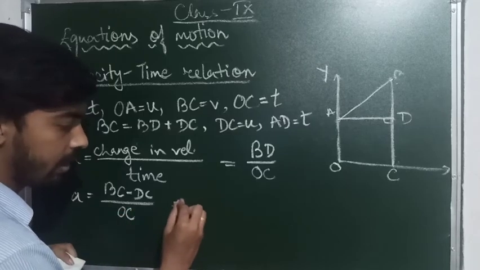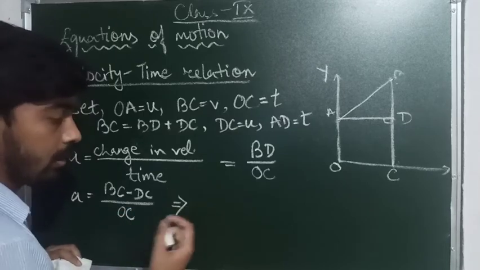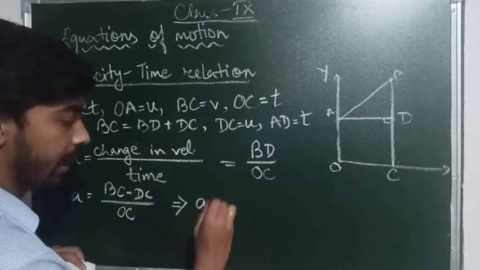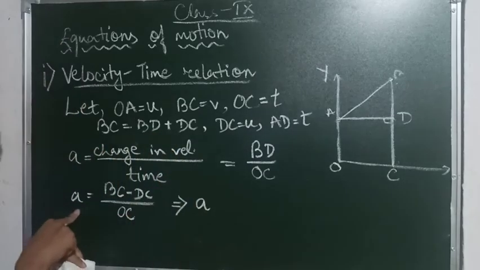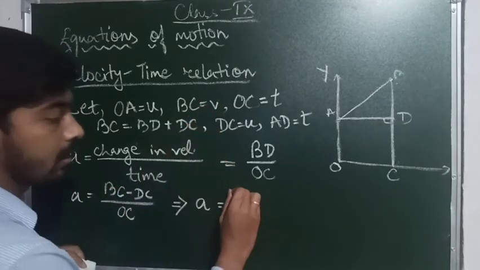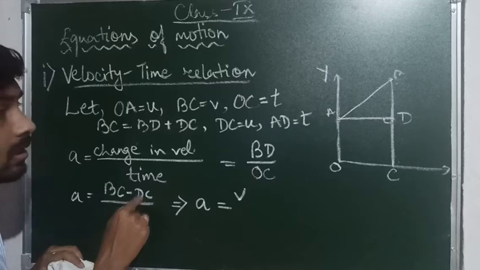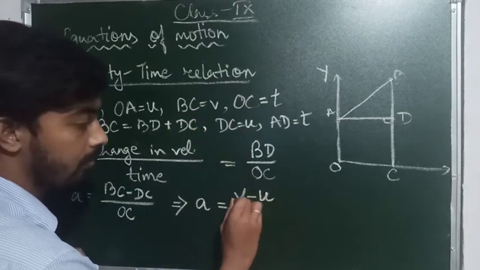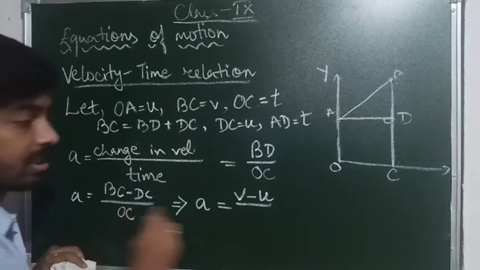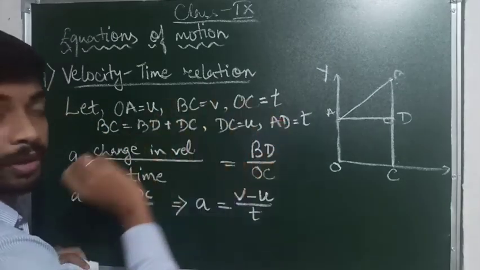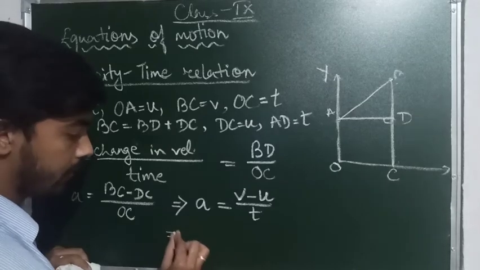So if we substitute all the initial values, A equals BC, BC is V, DC is U, and OC is T. Here we have written it. So here we get the final equation.